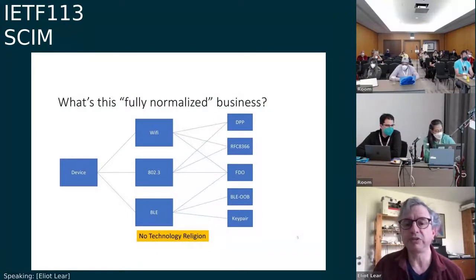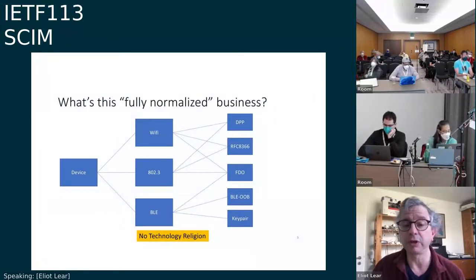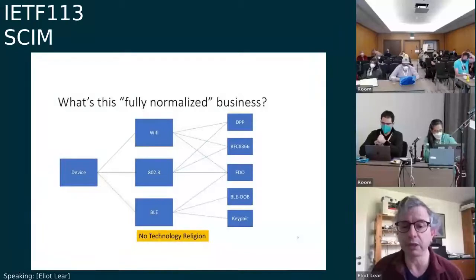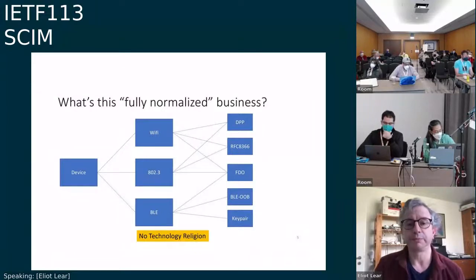For 8366, this is a voucher from the manufacturer saying, hey, device, you should trust this deployment. FIDO has something very similar to an 8366 voucher, which is called FDO. BLE OOB is very similar to DPP in terms of using a public key. And then key pairs are, of course, the poor man's version of that. Next slide, please.